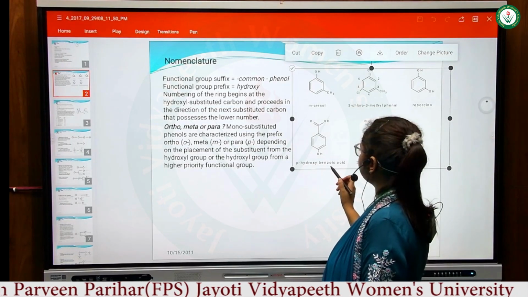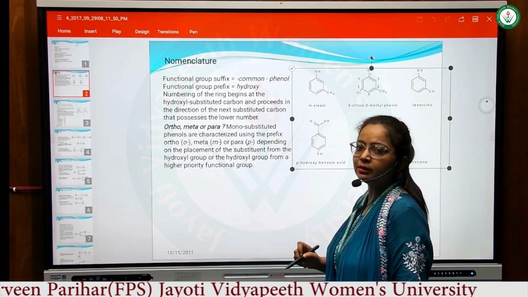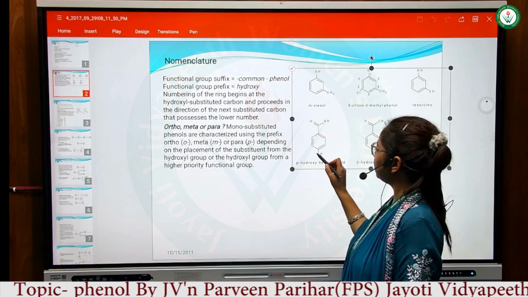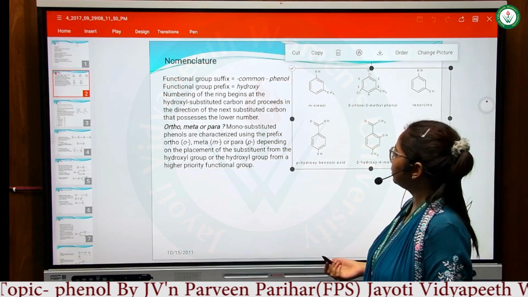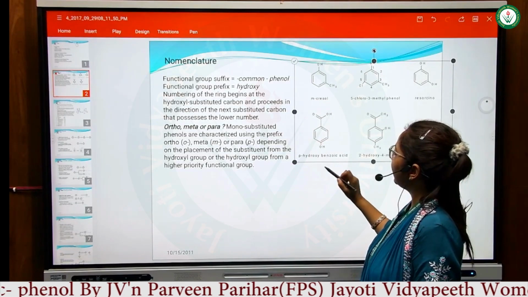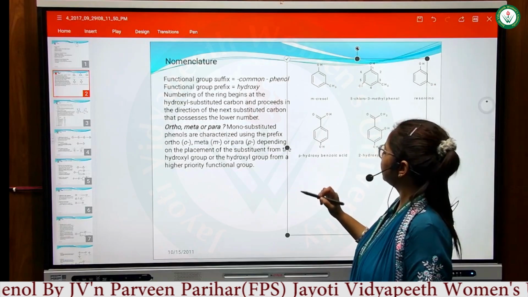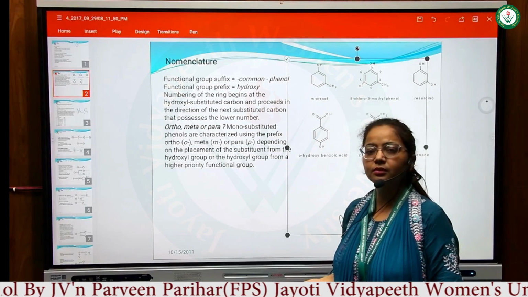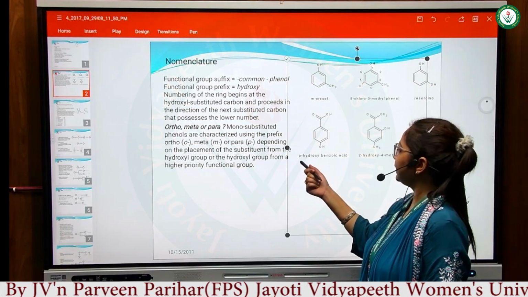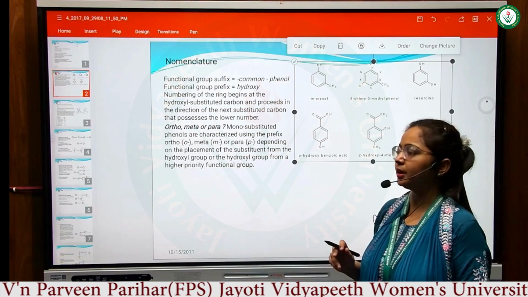In para-hydroxybenzoic acid, the OH group is not the priority group; here the priority is given to the carboxyl group, so the hydroxy group is present as a prefix, or we can say as a substituent, and the name will be para-hydroxybenzoic acid.